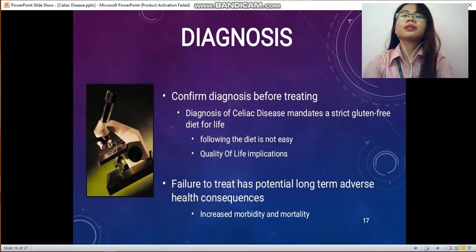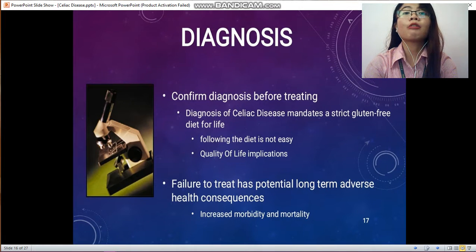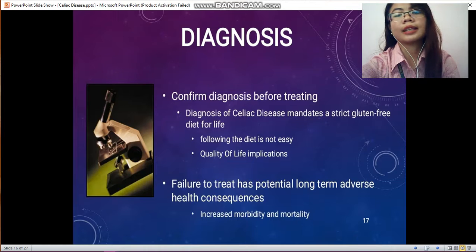What are the diagnoses? Confirm the diagnosis before treating. Diagnosis of celiac disease mandates a strict gluten-free diet for life. Following the diet is not easy. Failure to treat has potential long-term adverse health consequences, increased morbidity, and also mortality.